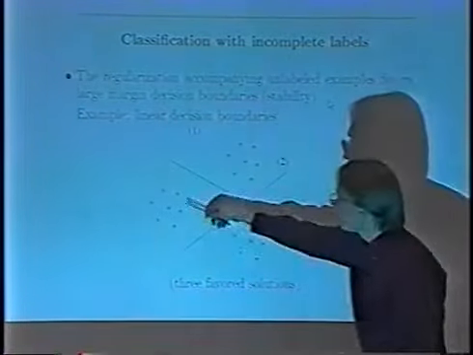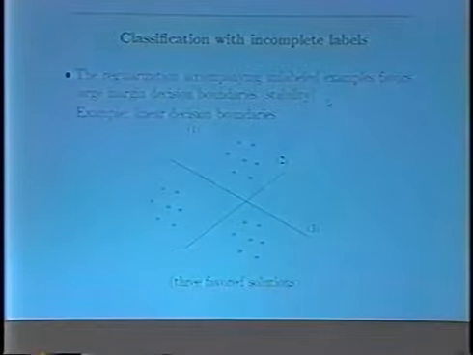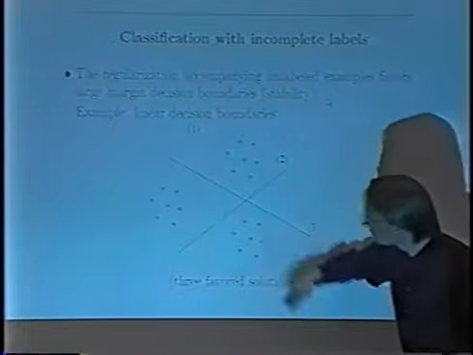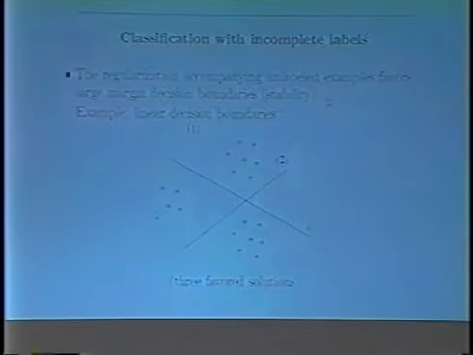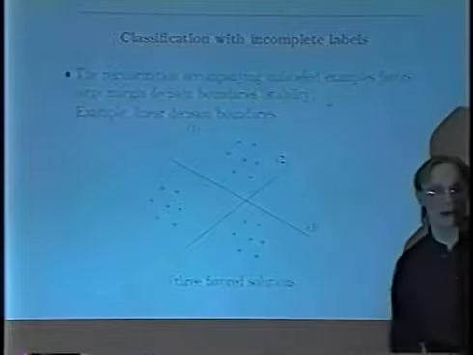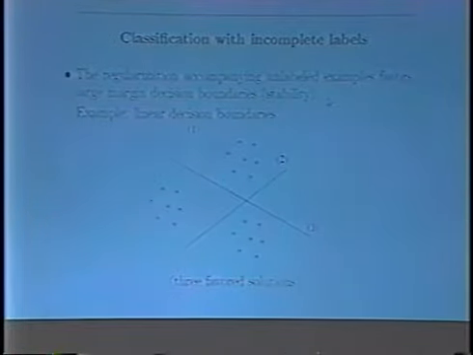Let's say these are three sets of unlabeled examples. Now there are three favored solutions to this problem, favored in terms of this large margin bias, these three, if you can see them. So without seeing any labeled examples, the classifier would favor these three solutions as the most likely ones.